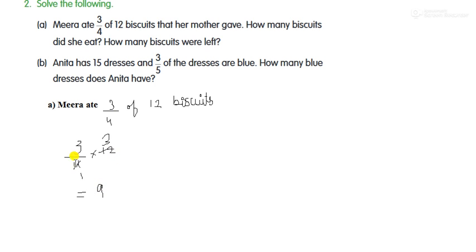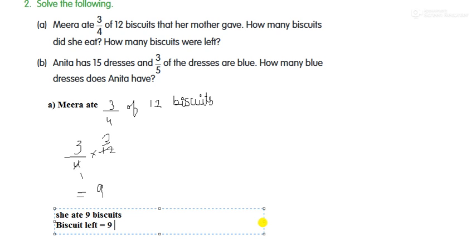So write down here, she ate 9 biscuits and biscuits left equals 12 minus 9 equals 3. So 3 biscuits are left.